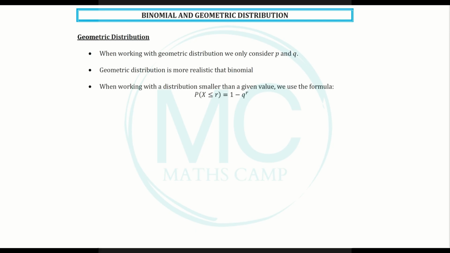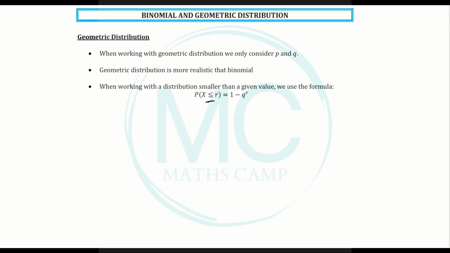When working with a distribution smaller than a given value, we use this formula. Learn this. It is not in your formula sheet, but you will need it in your exam. Please just keep in mind that the symbol in the bracket is smaller than or equal to r. So if x is smaller than 3, then x is smaller than or equal to 2.